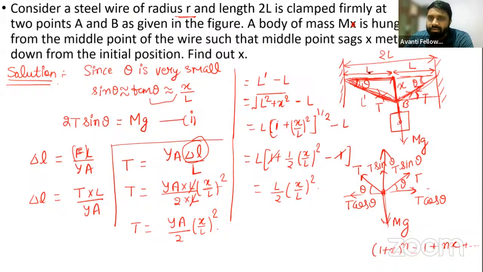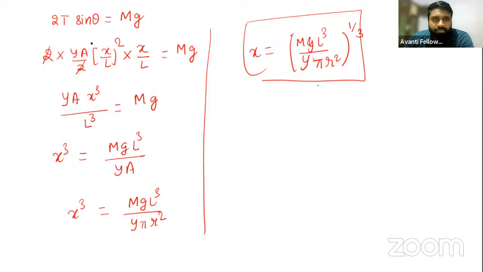Initial length was L, so L dash minus L is the elongation. We calculated its value to be L by 2 times (x by L) whole square. Then we calculated the tension in the wire. Now we put it in equation number 1, put the value of sine theta and calculate the value of x.